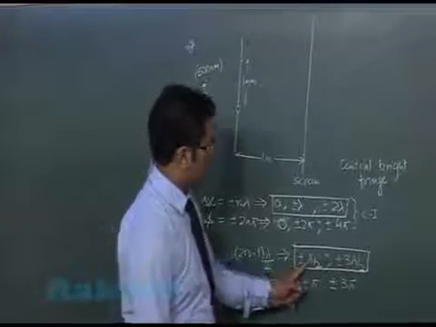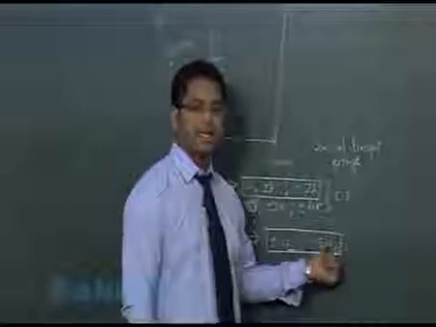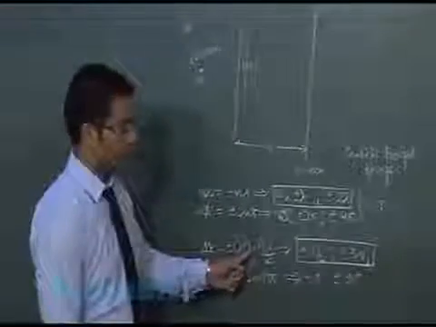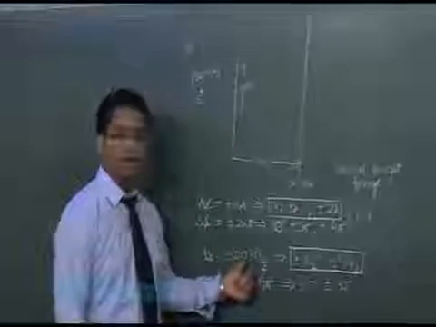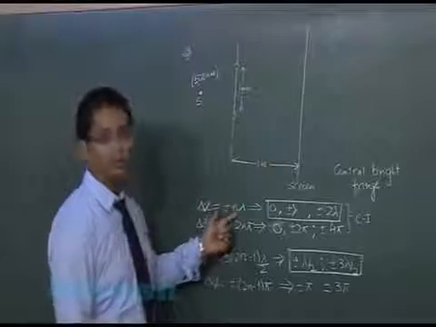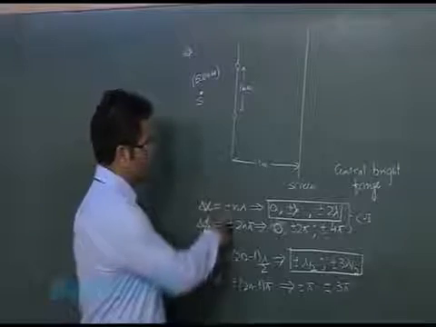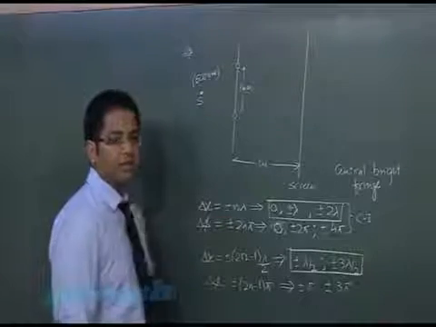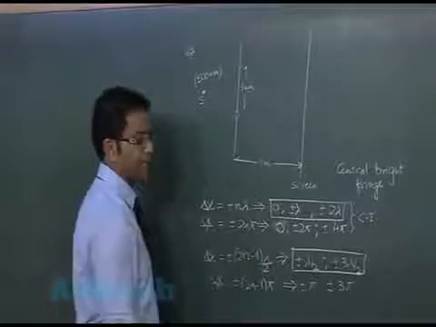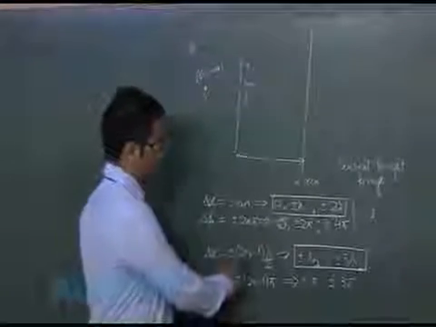And this is the first dark fringe, because this is the condition of destructive, and this is the second dark fringe. That is why we begin n from 1 here. So that you place n as 1 for the first dark fringe, n as 2 for the second dark fringe. Here n as 0 is the central bright fringe, then first bright fringe, second bright fringe, depending on the value of n. So if the question says sixth bright, I'll place n equals 6. If the question says sixth dark, I'll place n equals 6 here.